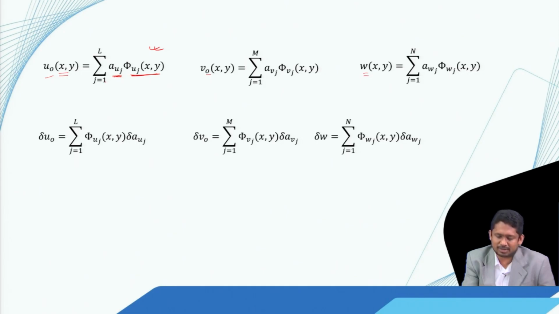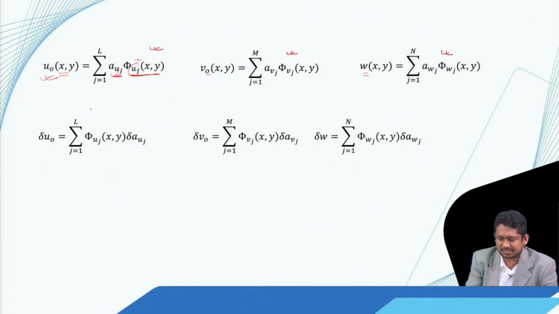When j is equal to 1, this is A u 1 phi u 1, when j is equal to 2, it is A u 2 phi u 2, and so on, and we just sum it up. So, this subscript denotes that this chosen function and these unknown coefficients are for u 0. Similarly, we do the same thing for v 0 and w 0.